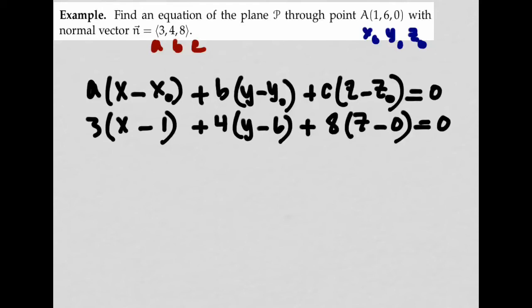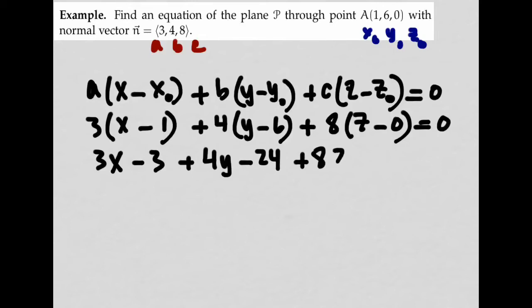Let's go further and expand this equation. 3x minus 3 plus 4y minus 24 plus 8z minus 0 all equals 0.